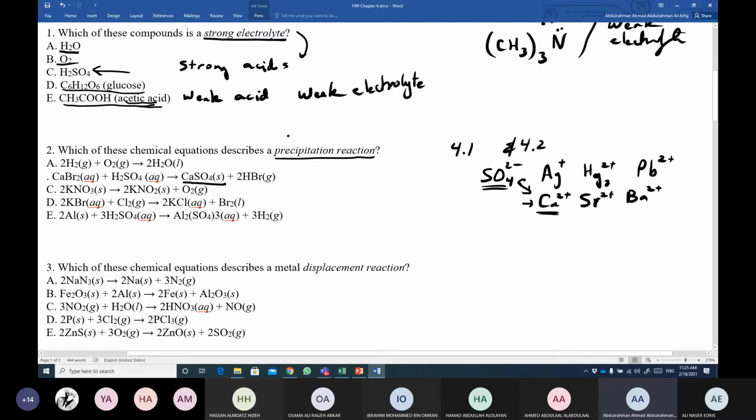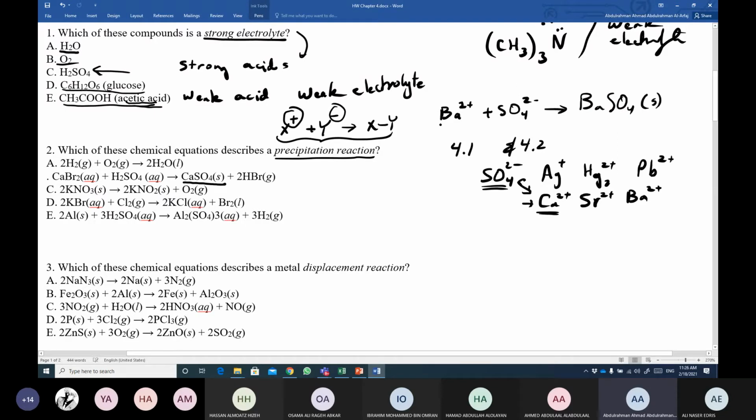A precipitation reaction is to have two ions, X plus and Y minus, make XY. There must be two ions interacting to make this, like Ba 2+ interacting with SO4 2- to make BaSO4 solid. This is called a precipitation reaction.